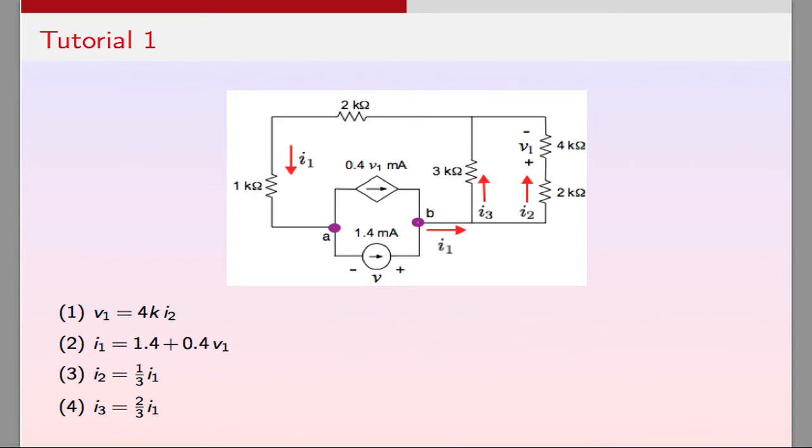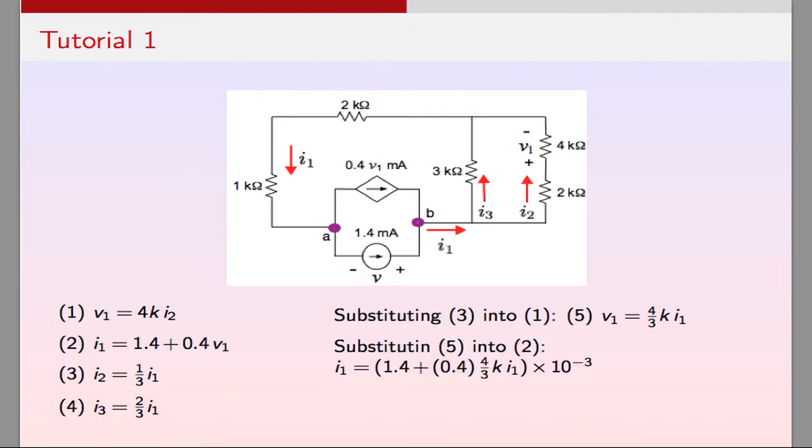Okay, so far we have these equations 1 through 4, and these equations are enough to find I1, I2, I3, and V1. In fact, substituting equation 3 into 1 gives equation 5, which is V1 is equal to 4 over 3K times I1.